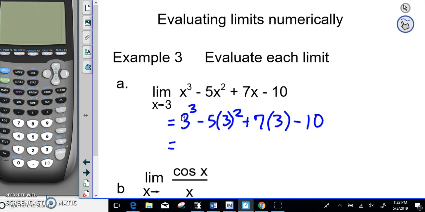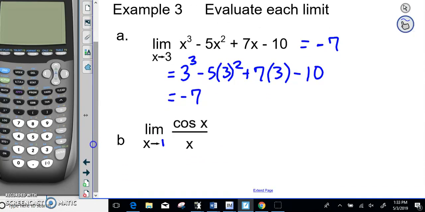It shouldn't take long. You should get -7 for that. And that's all she wrote. So the limit of this polynomial as x approaches 3 is -7. Easy, simple. Just substitute it in.